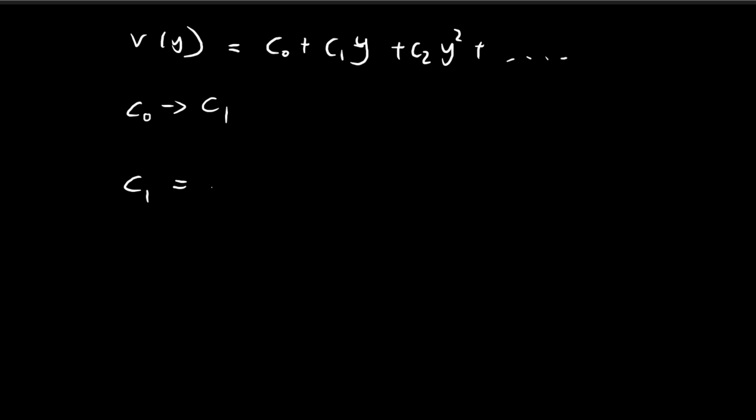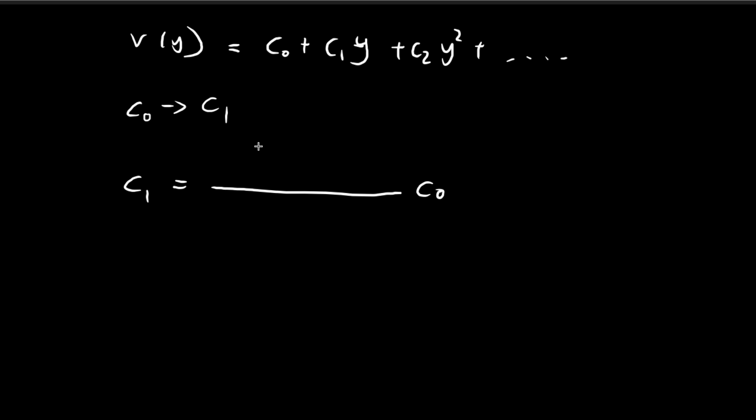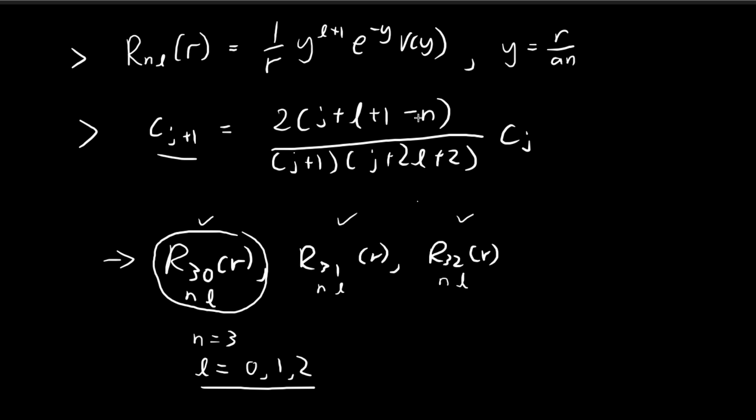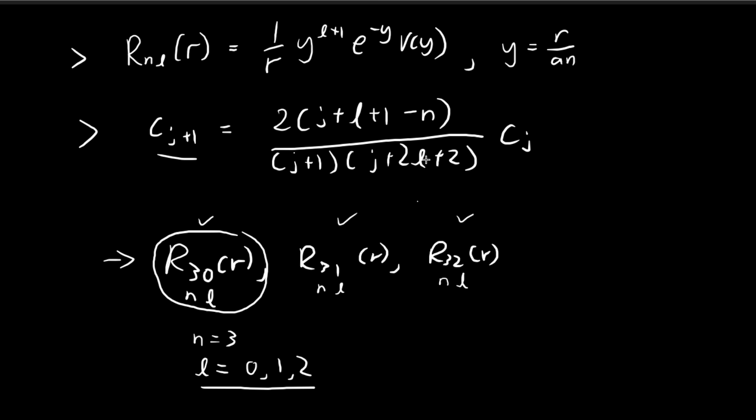For some value of c0, c1 is going to be equal to, according to this recursion formula, 2 times j plus l plus 1. In this case, j is equal to 0, l is equal to 0, and then plus 1, and then we have minus 3. In the denominator, we have j plus 1, so it's just 0 plus 1. And then we also have j plus 2l plus 2.